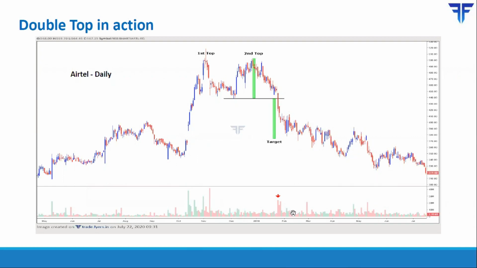So do pay attention to what volume is telling you on the break. Is the volume expanding? If yes, then it indicates a strong break. But if the volume is not expanded, then maybe you could wait for a period of time to see whether the break is genuine or not.